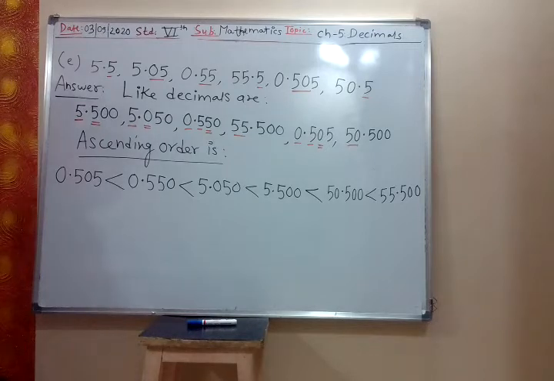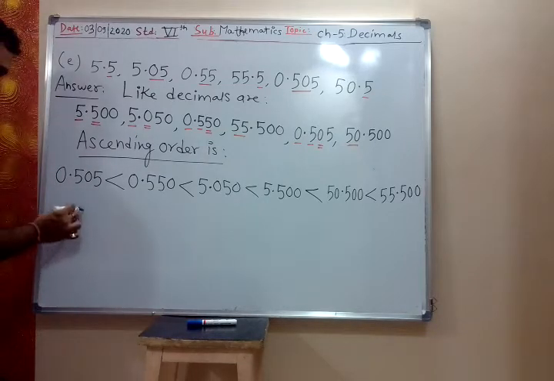For ascending order or descending order, first you have to write down the numbers in the form of decimals. Yes. Now let us solve the sixth question.